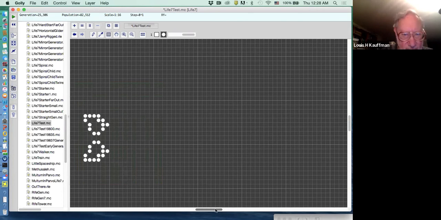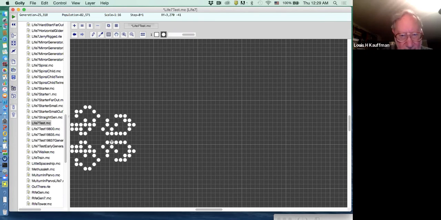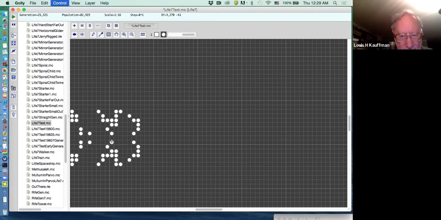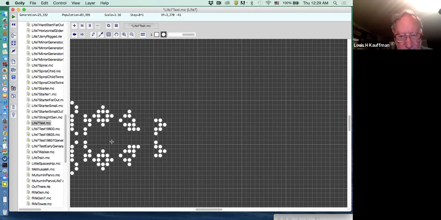Always symmetrical. And you see that's where it started, but now it's mirror imaged in the other way with these two next to one another and some things behind. And then next to one another.